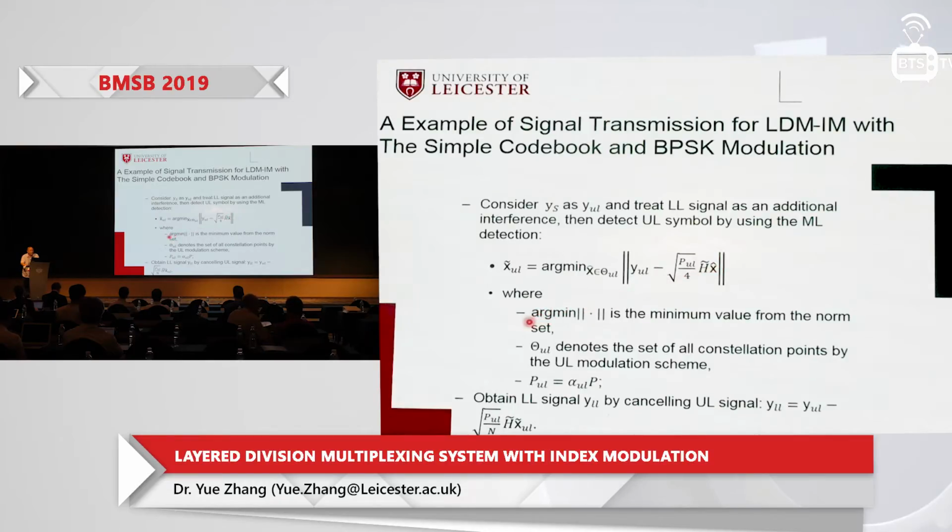Here the index UL means the upper layer, X dash means the received signal, and H inverse is the reverse of your channel. So you can successfully obtain the received symbol for the upper layer.